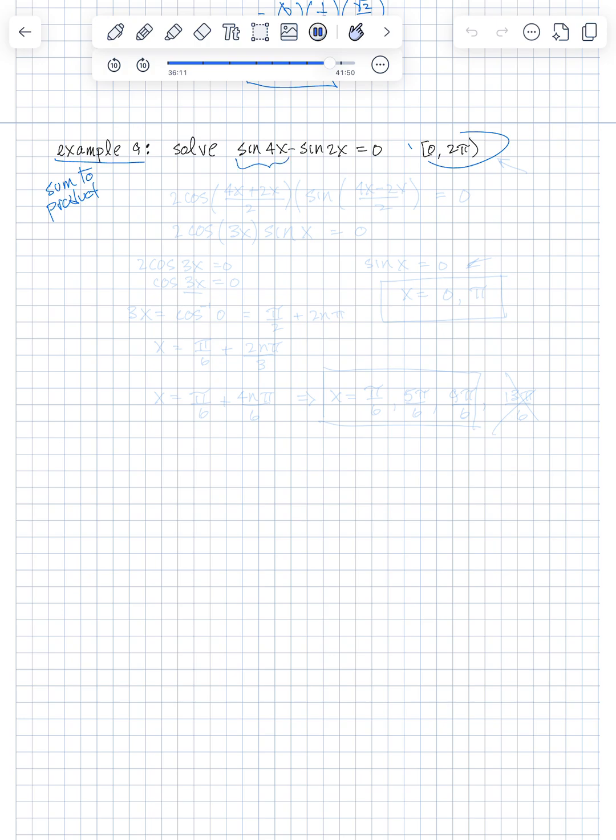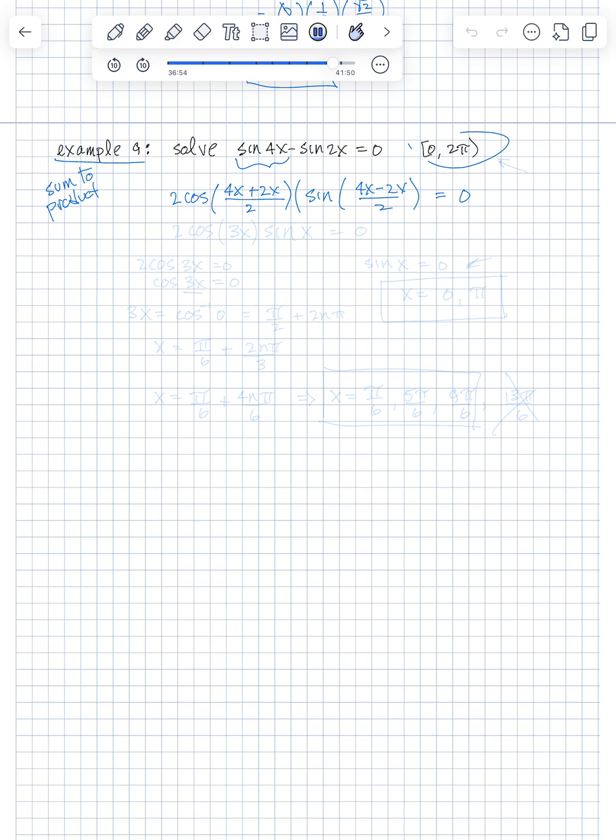So this becomes 2 cosine of (4x plus 2x) over 2, times the sine of (4x minus 2x) over 2. And remember, this is equal to 0.